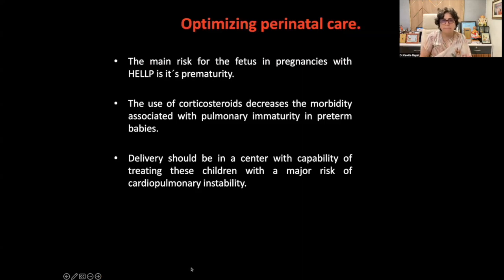Now, optimizing perinatal care. The main risk for the fetus in HELLP syndrome pregnancies is prematurity. Use of corticosteroid decreases the morbidity associated with pulmonary immaturity in preterm babies. Delivery should be in a center with the capability of treating these children. The major risk of cardiopulmonary instability is there.